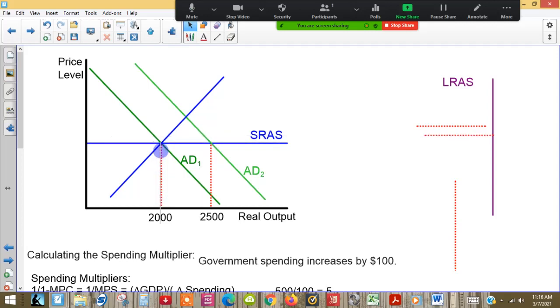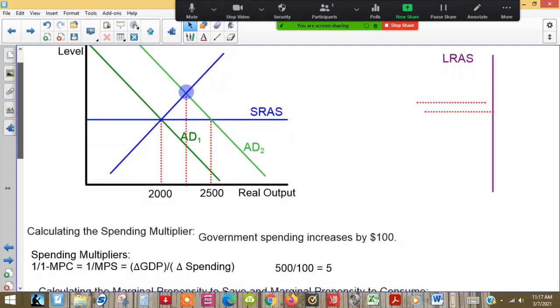However, since the short run aggregate supply is now sloping upward, we're going to have an increase in GDP or real output of only about half. So it's going to be here. So it's not going to be as large of an increase in real output. Okay.